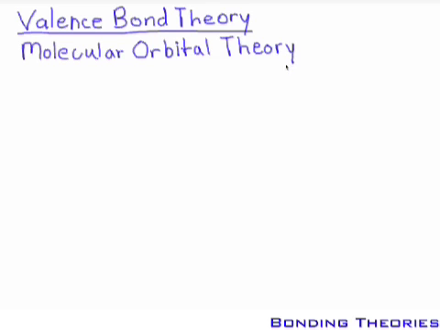Now, these theories were derived from wave functions, which if squared give us probability functions. And remember, these probability functions gave us our s, p, d, and f orbitals.